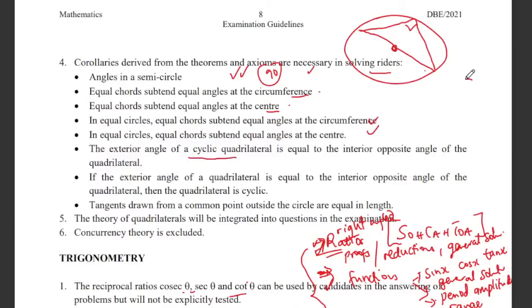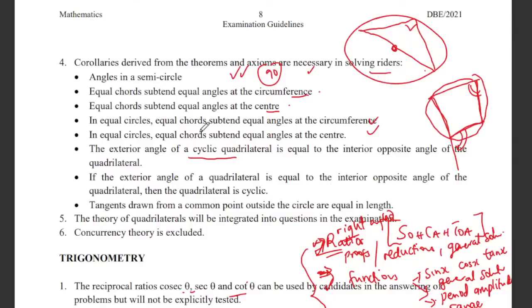Now remember, for a cyclic quadrilateral to have an exterior angle, there has to be an extension of one side. Okay, so we're saying this angle here must be the same as that angle.